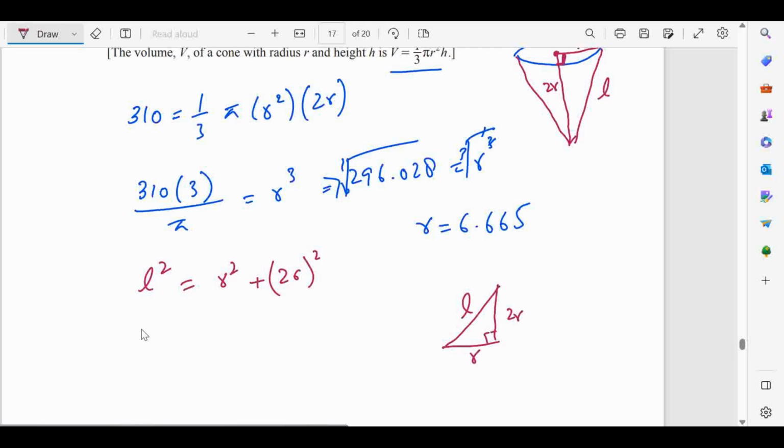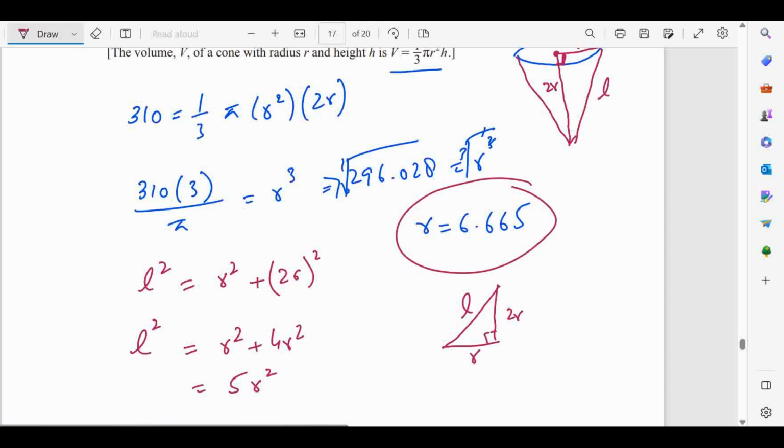So let's just put the values over here. L square is equal to r square plus 4r square. So this will be 5r square. We know the value of r is 6.65.